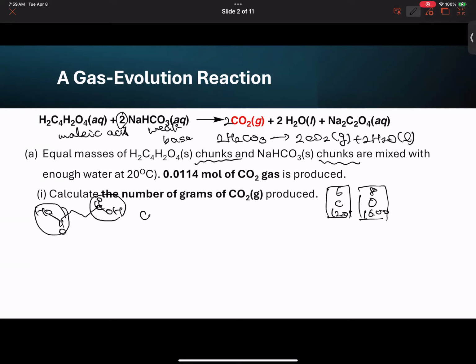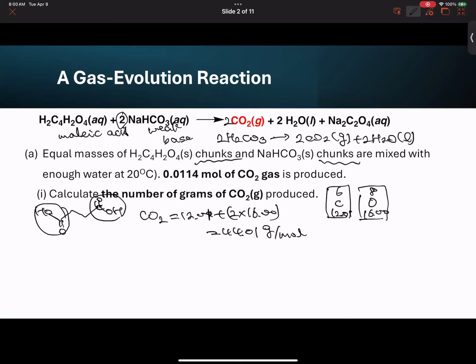So CO2 has 1 carbon, 12.01, plus 2 oxygens, 16.00. When you add up, it is 44.01 AMU, which is grams per mole. So 1 mole of carbon dioxide gas has a mass of 44.01 grams.